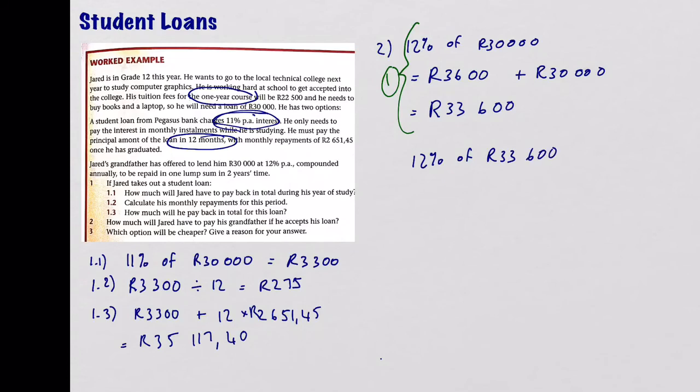And that gives us a total of 4,032 Rand. And then if we add that again to the amount 33,600, we get 37,632 Rand. And that obviously shows the amount at the end of year two.